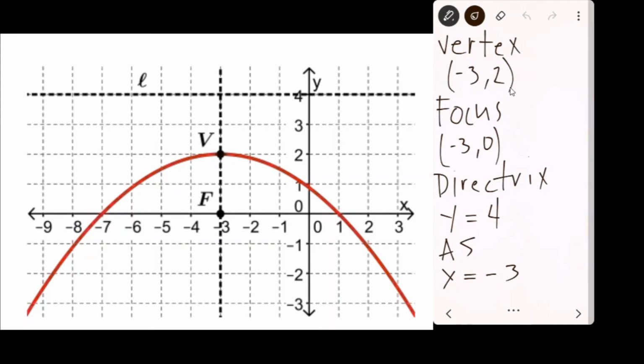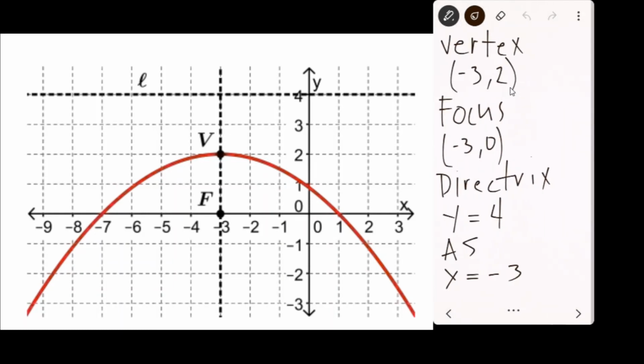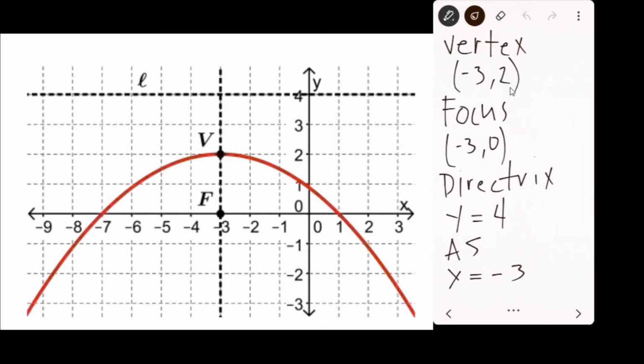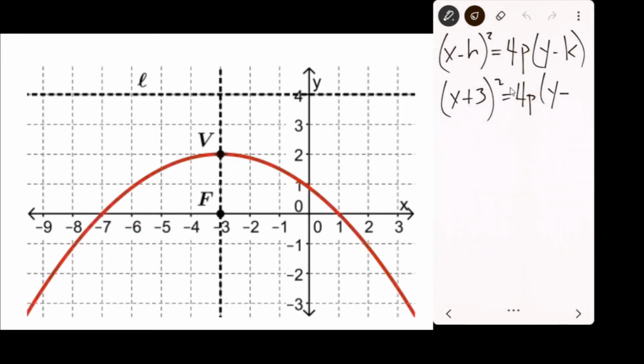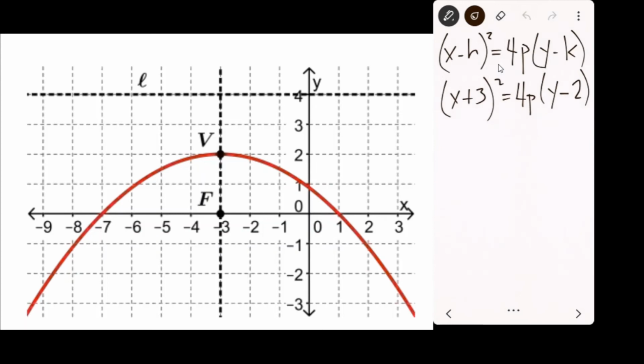So opposite lang siya. So it will be x, opposite kung negative 3 dito, so it will be positive 3. Laging ganun. Equals 4p times y minus 2 kasi positive 2 dun. So it's always the opposite kapag nilalagay natin siya sa ordered pair and then babalik natin sa equation or vice versa.